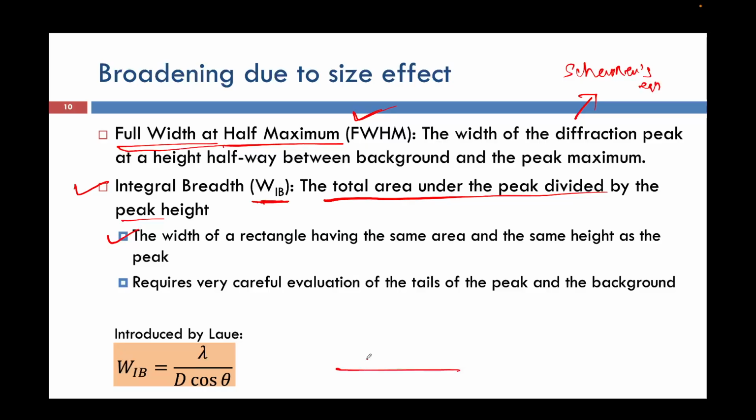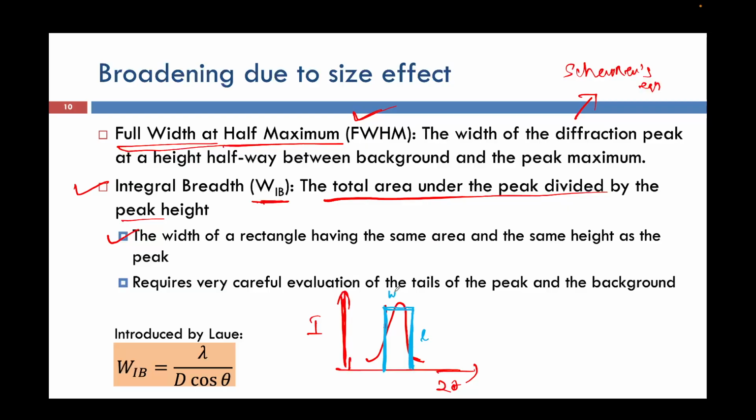That means if my peak is having this shape, then I will calculate the area. I will take another color. So this is my peak earlier. Now I will calculate a rectangle and the area of the rectangle. So this is the length of the rectangle and this is the width of the rectangle.